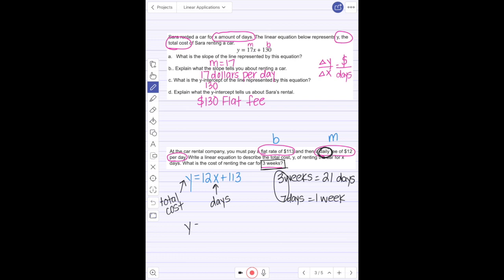So what we're going to do is we're going to take that 21 and we're going to plug it in for X. All right, so if we calculate that, we should get 12 times 21 is going to give me 252 plus 113, and I got 365. So it's going to cost her $365 to rent that vehicle for 21 days.